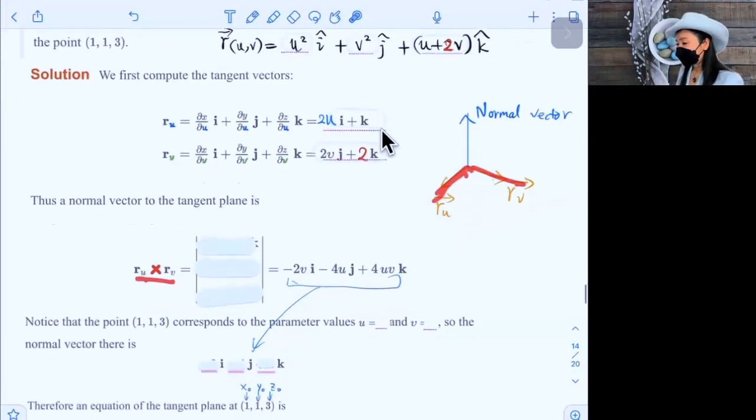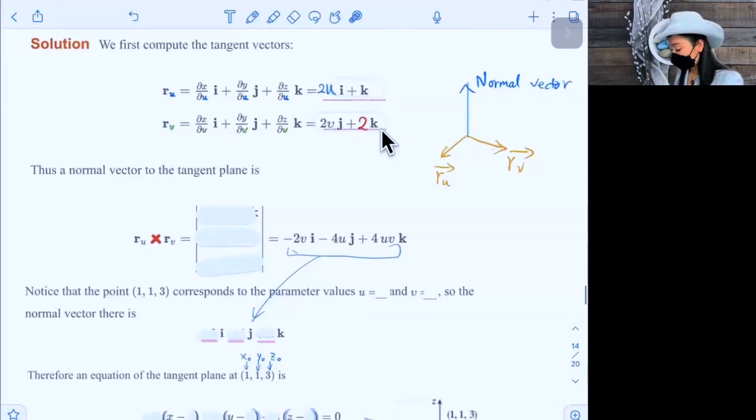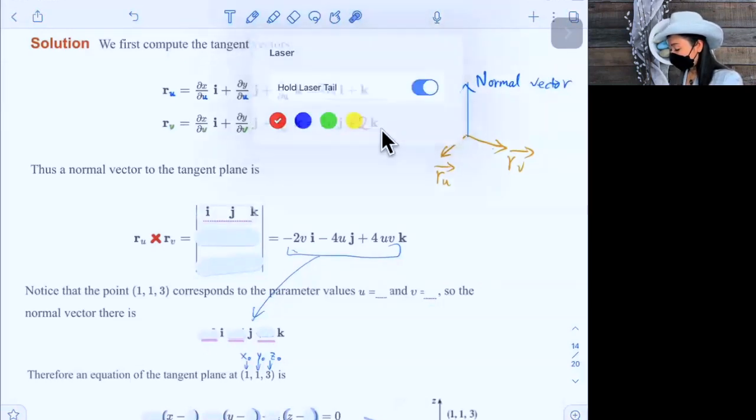Now remember how to take a cross product. We construct the symbolic determinant of this 3x3 matrix, right? What's the first row? i, j, k. The second row will be the vector R_u, so we put 2u, and then there's no j component, so that will be 0 over here, and then after that is 1.